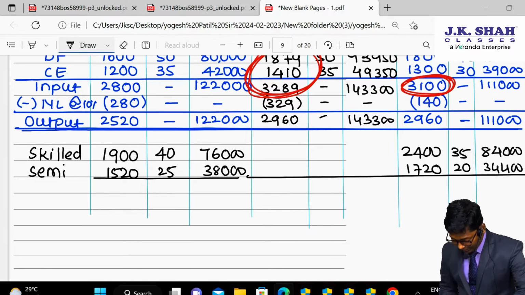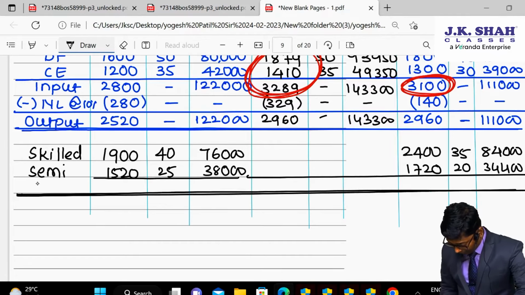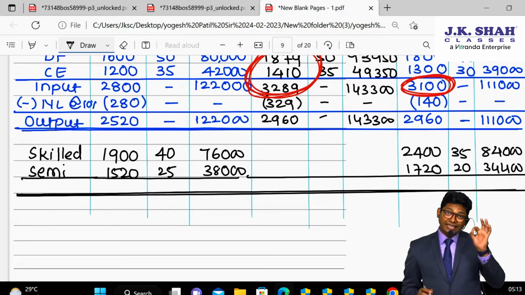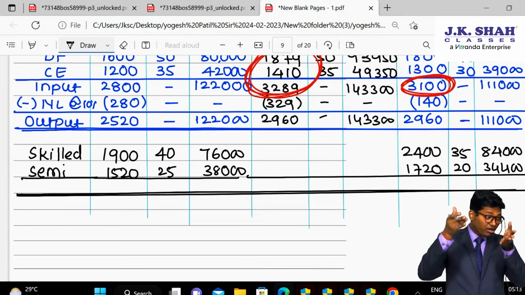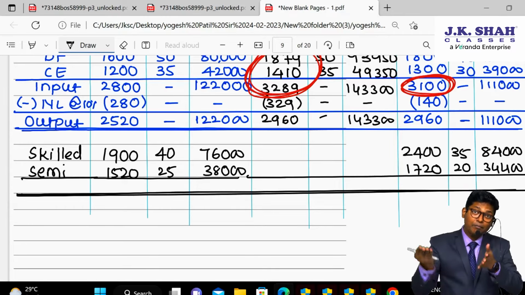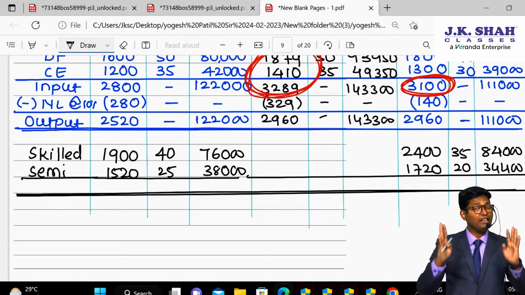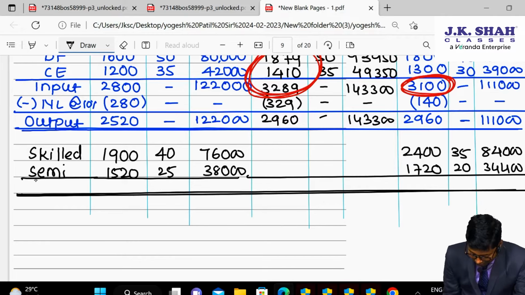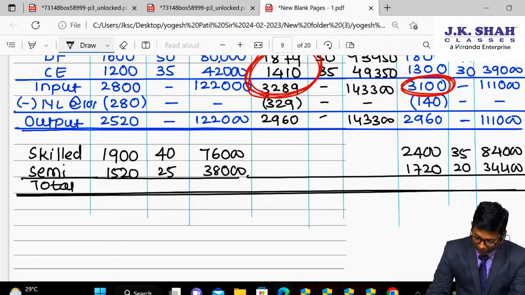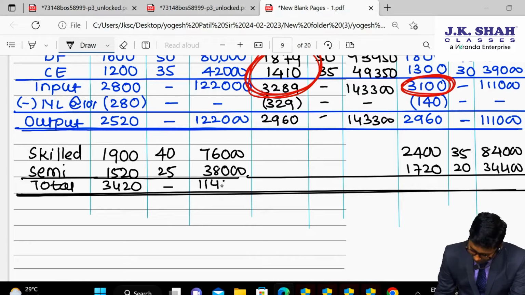Guys, please don't dare to write input in the labor table. In the labor table you are not inputting your worker in a machine, you are inputting material in a machine. So input output comes only in the table of material, not in the table of labor. Here simply you need to record total. So 1900 plus 1520 is 3420, and the total cost according to the given standard to be spent is 1,14,000.